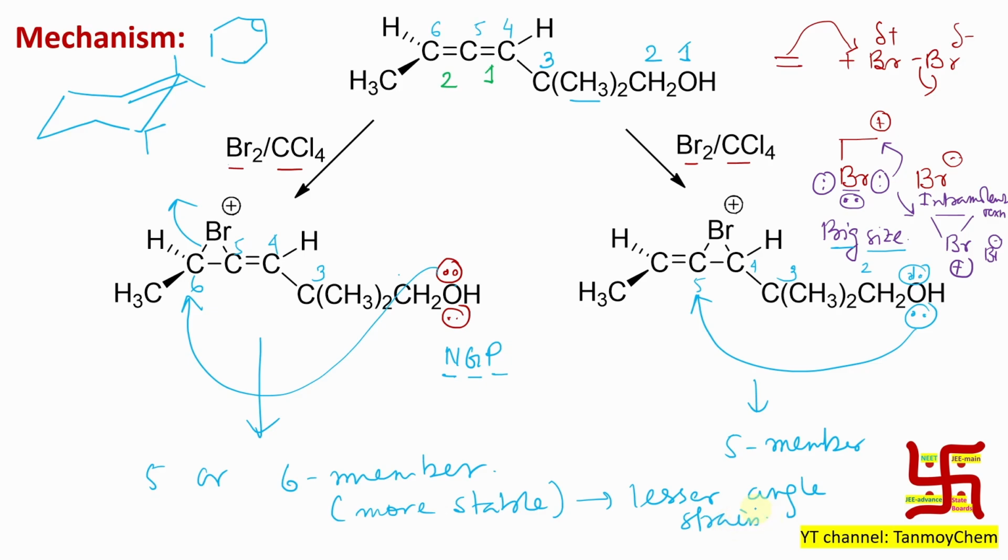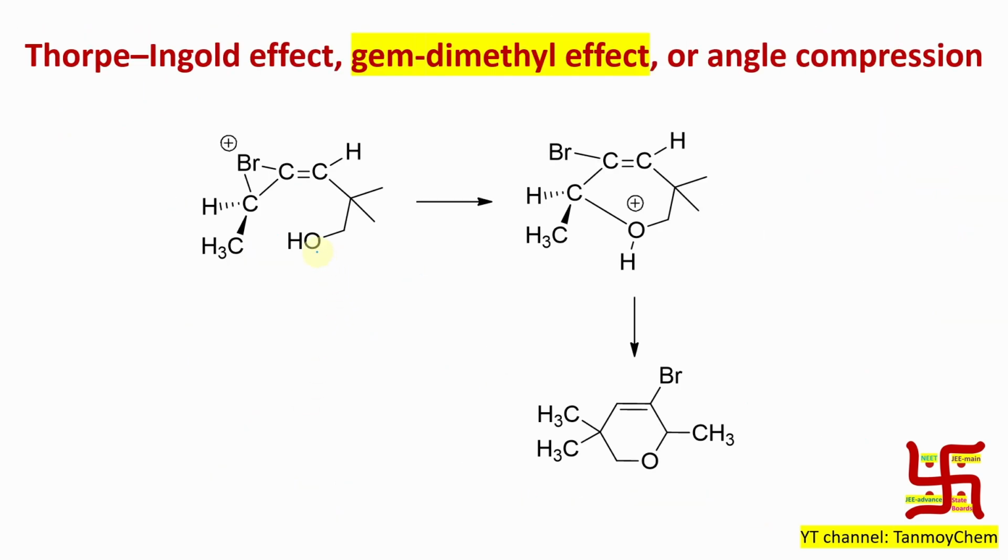Okay, now how does this happen? Here you can expect, okay sir, actually I have drawn it this way so that your understanding is better. It will attack because this carbon and this oxygen are close together, so proper conformational orientation can be attained. So it can open up. See, bromine is carrying a positive charge deficiency.